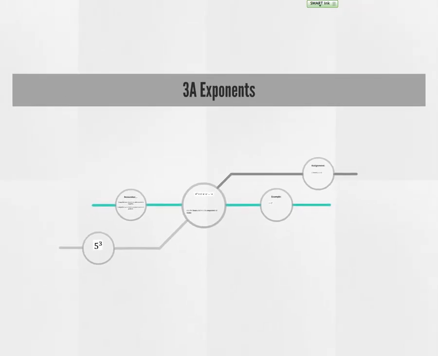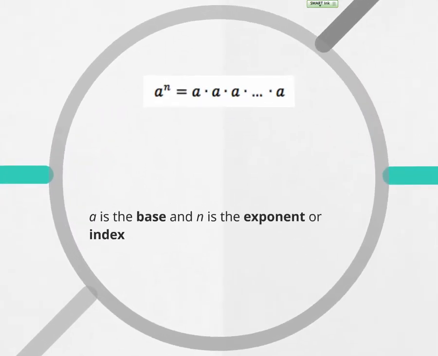And like I said, back to the basics here. If I have a to the nth power, that means a times a times a times a, n times.